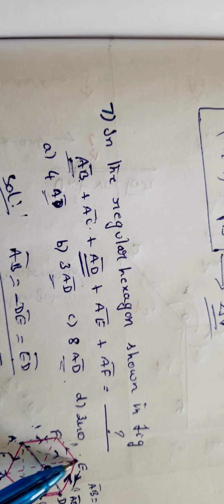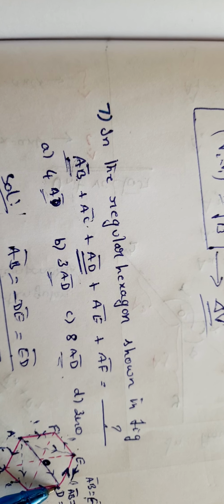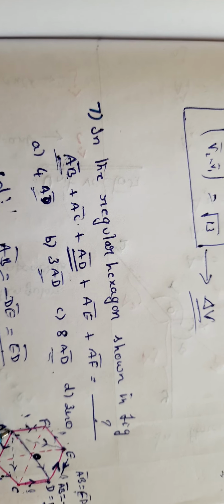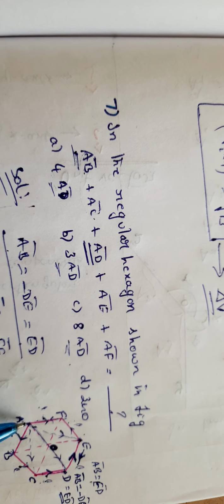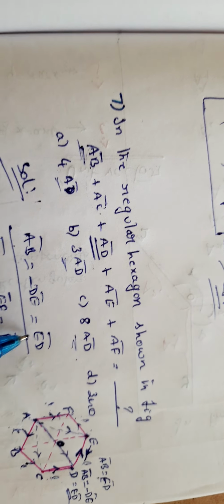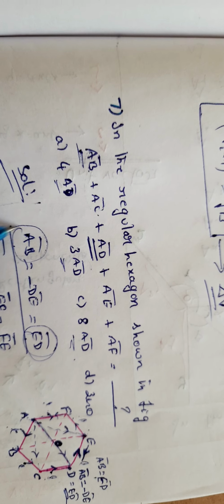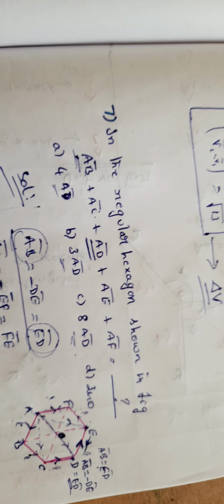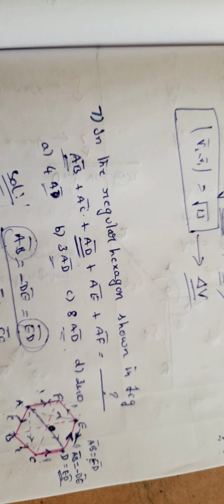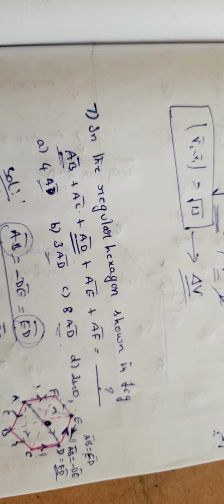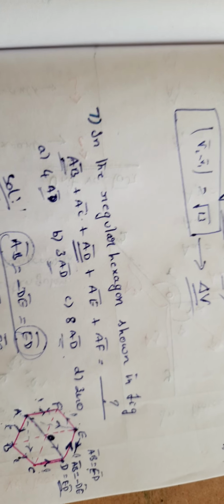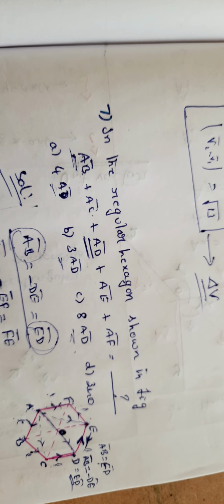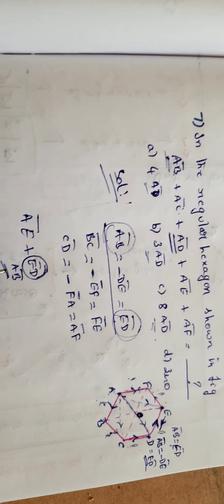So therefore AE bar plus ED bar means AE bar plus AB bar. Is it not? But ED bar is equal to AB bar. So here this will stand for AB bar.